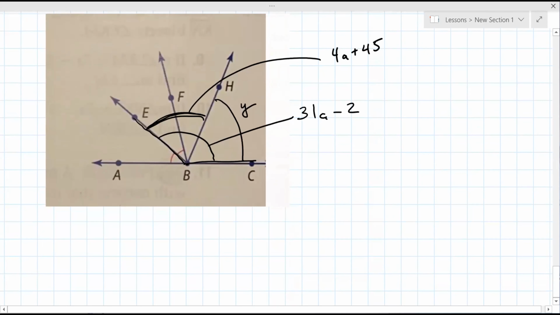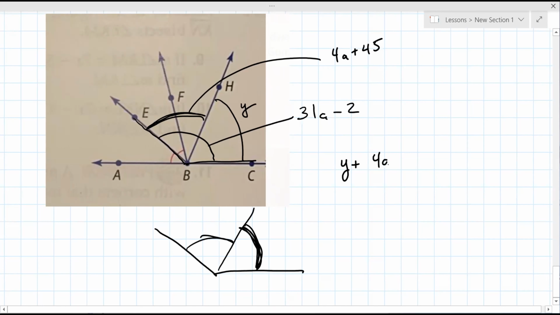You've got this big one, that's E to B to C. You have this little one here, that's 4A plus 45, and they want this one that I'm drawing here. So we know that y plus the little one, 4A plus 45, has to equal 31A minus 2. It's like piece 1 plus piece 2 equals the total.